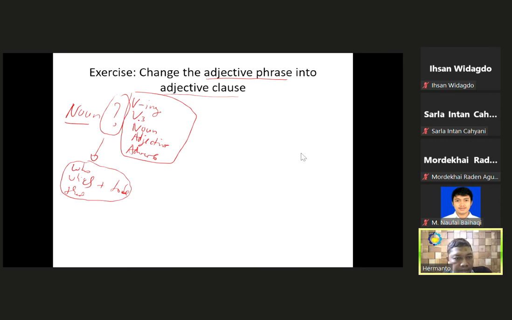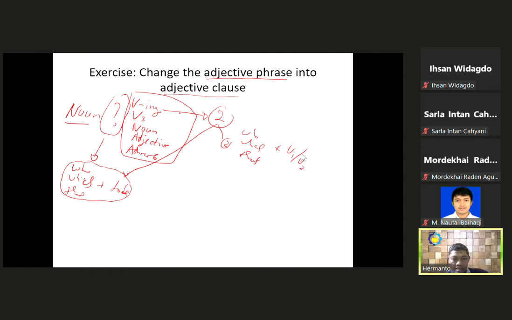And another possible pattern is when it is only verb ing, everyone. When it is verb ing, there are 2 possibilities. Number 1 is this one, and number 2 is who, which, that, plus verb 1 or verb 2.